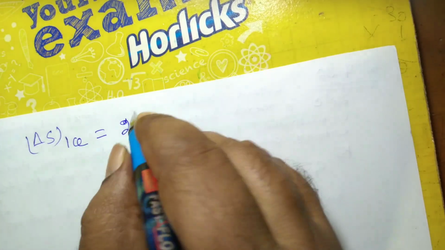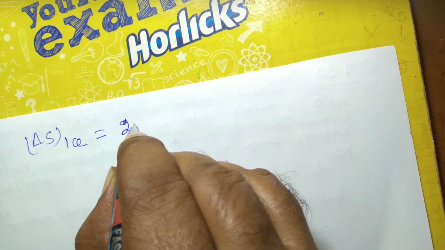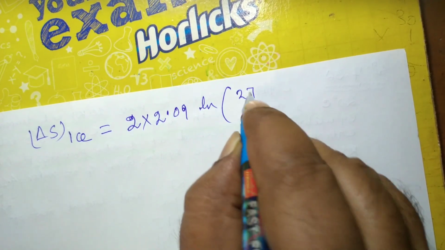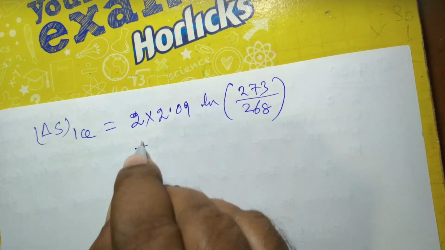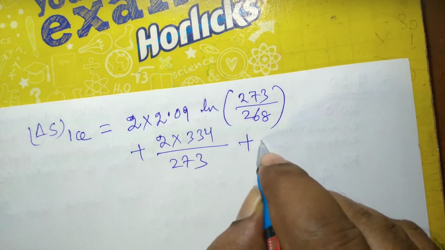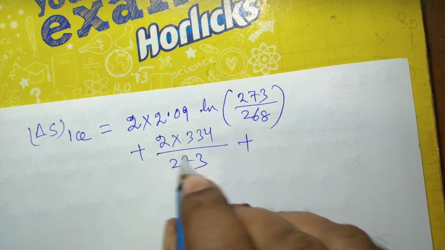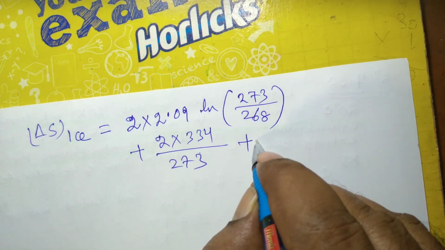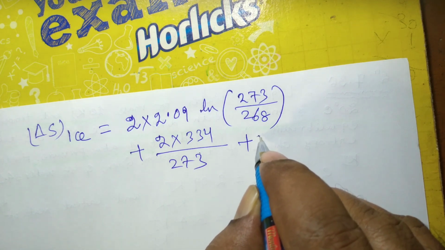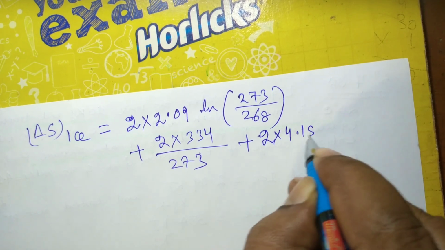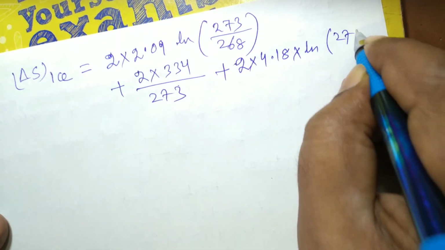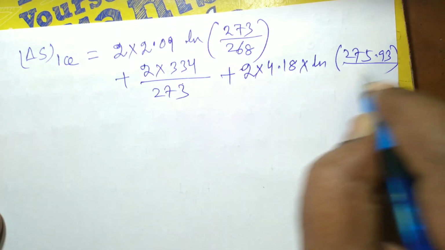First, when ice is heated from 268 Kelvin, that is minus 5 degrees Celsius, to the saturation temperature of 0 degrees Celsius: m c ln of 273 divided by 268, plus during the phase transition, latent heat of fusion divided by saturation temperature 273, plus when the water produced by melting ice is heated from 273 Kelvin to the final equilibrium temperature 275.93: 2 into 4.18 multiplied by ln 275.93 divided by 273.